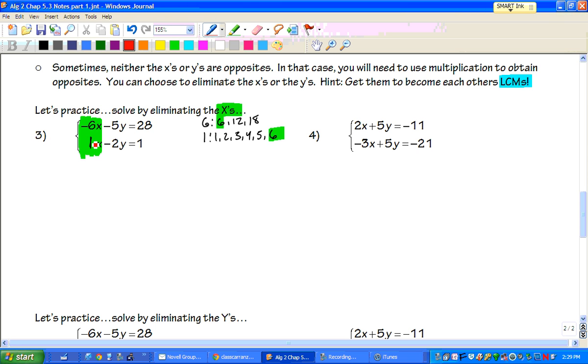I need this bottom x right here to turn into a 6. To do that, I would have to multiply. And when you multiply, you don't just multiply the first guy. You have to multiply everything.